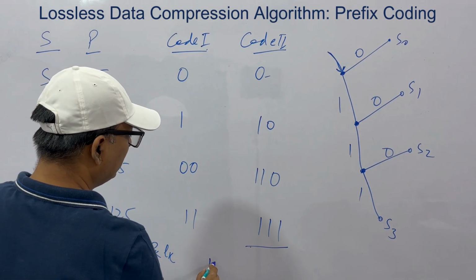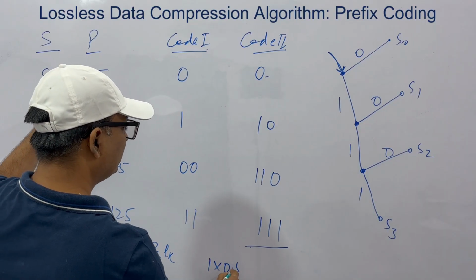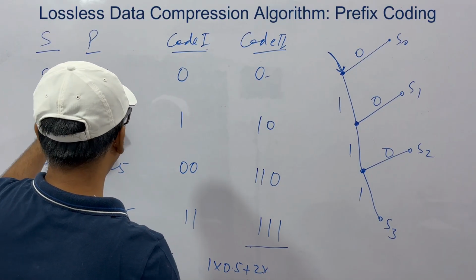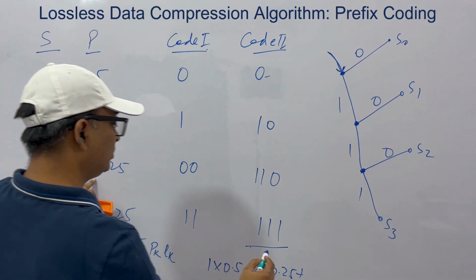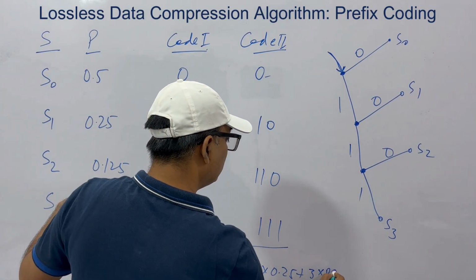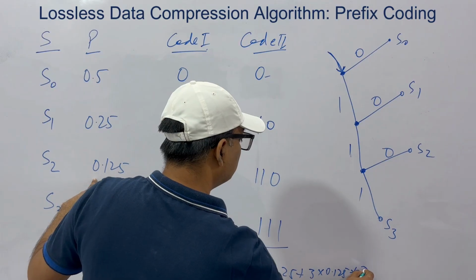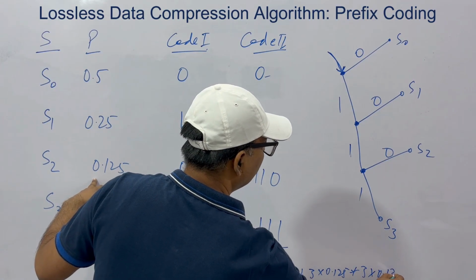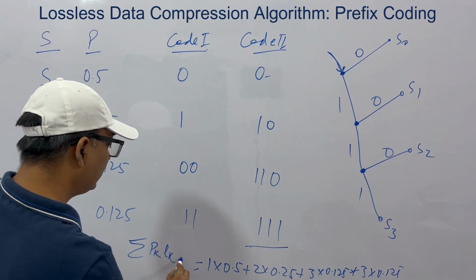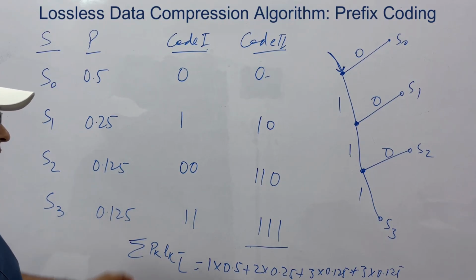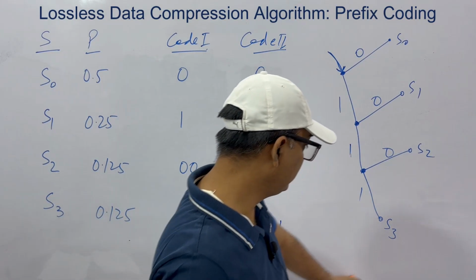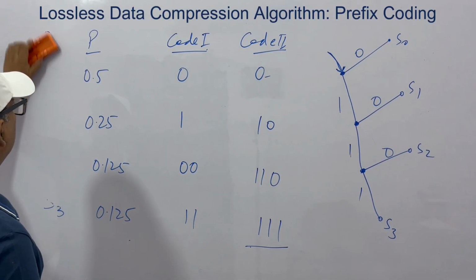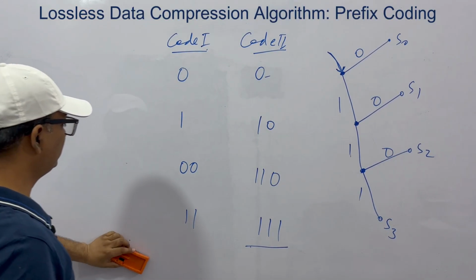So this will be 1 into probability 0.5 plus 2 into probability 0.25 and 3 into 0.125 and again 3 into 0.125. If you add them, this will be your average code word length. Clear? Now from Kraft inequality, we have a relation which is very important.